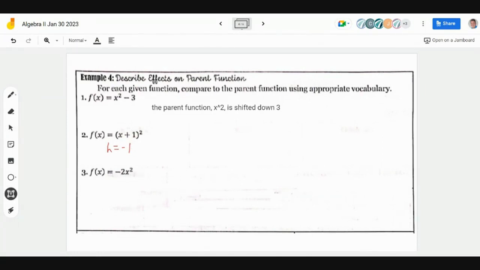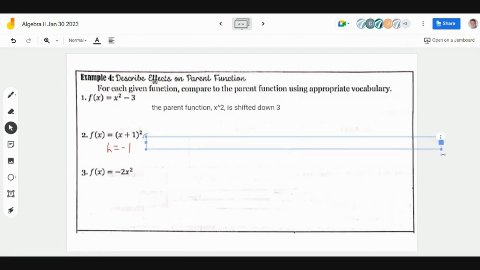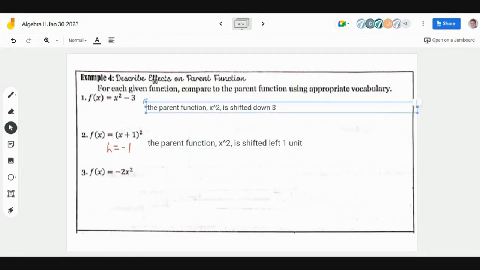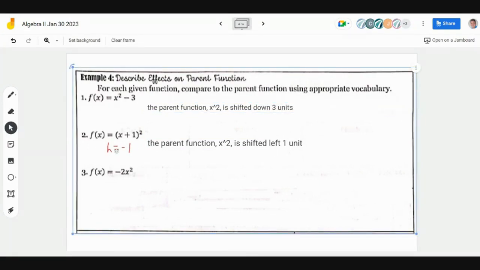So the parent function x squared is shifted left 1 unit. When you see a plus 1, that means it's going left because the h is negative. You see a -1, it's going right because the h is positive.